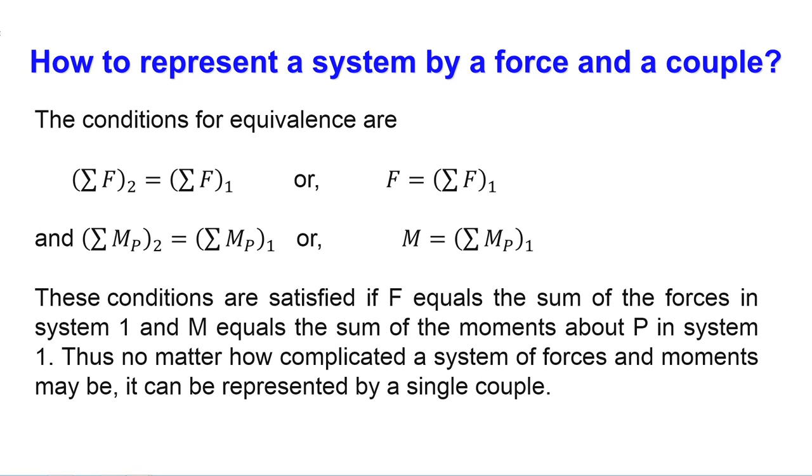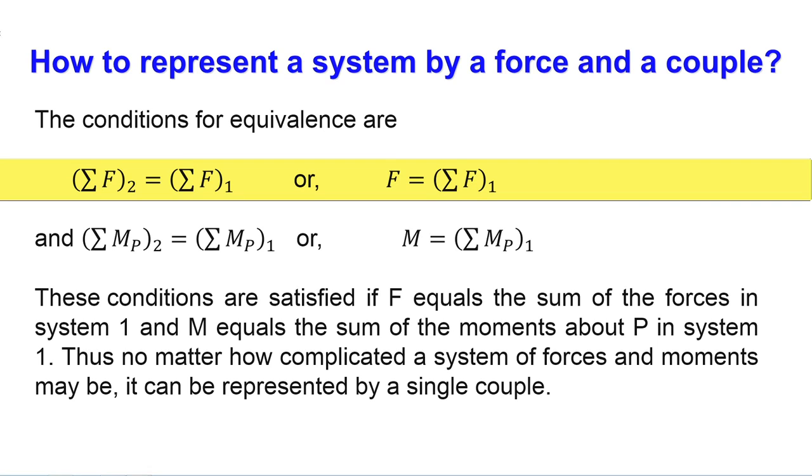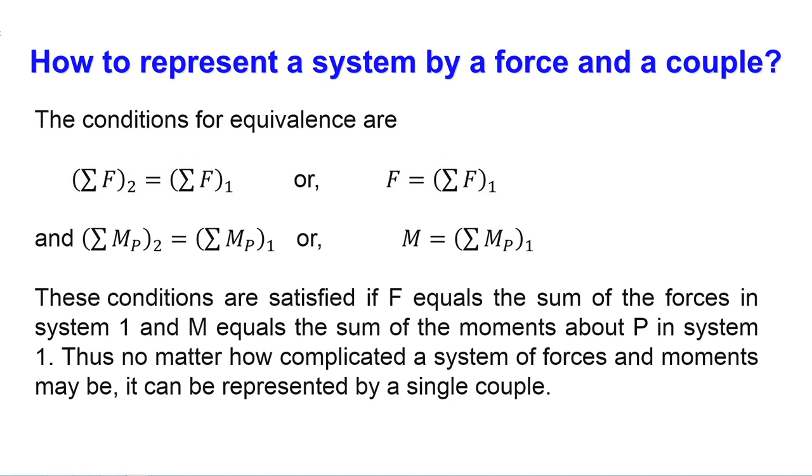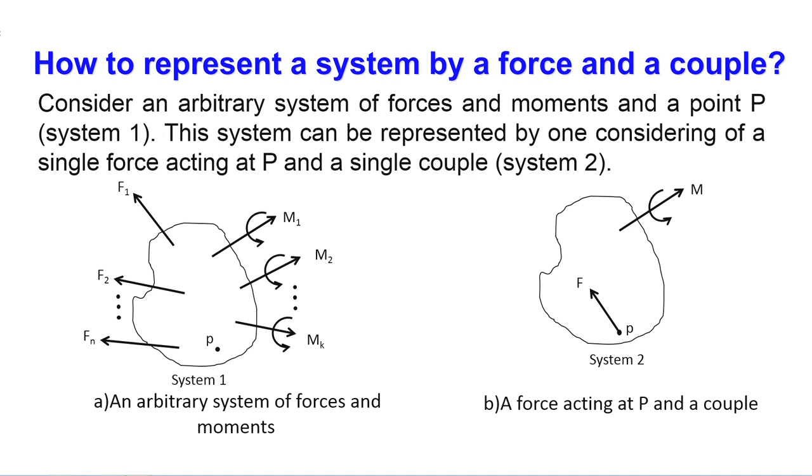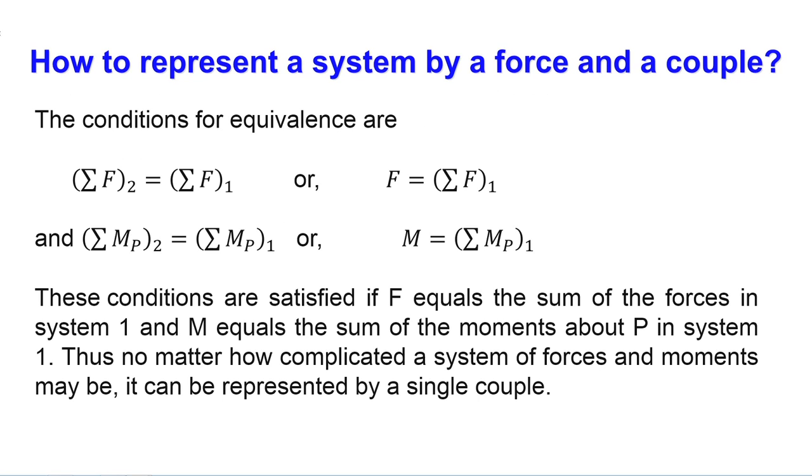Again, the condition is sigma of F2 equals sigma of F1. In this case, we are replacing system 1 by an equivalent system, which is shown in system 2. That means these forces and moments are replaced by one force and one moment. Now, from the equivalence conditions, what will happen?